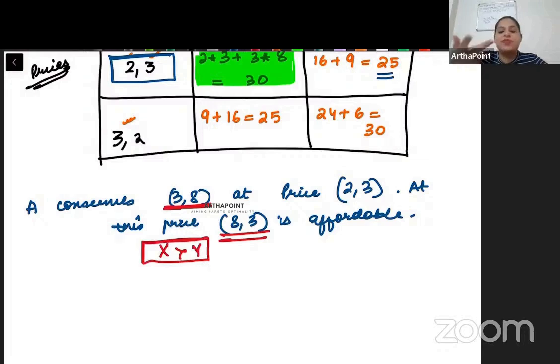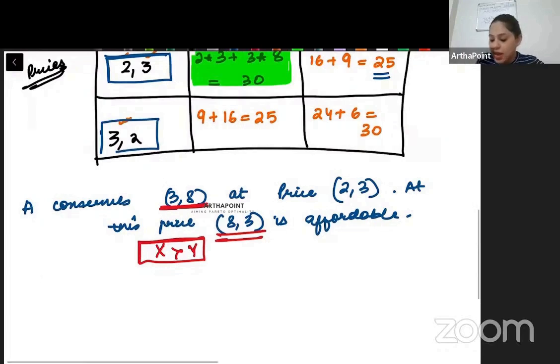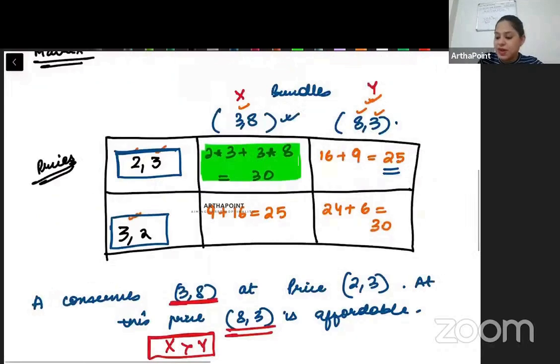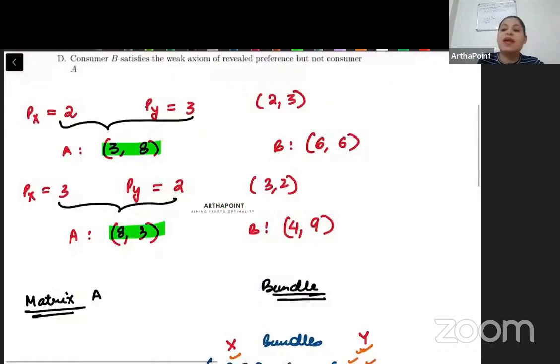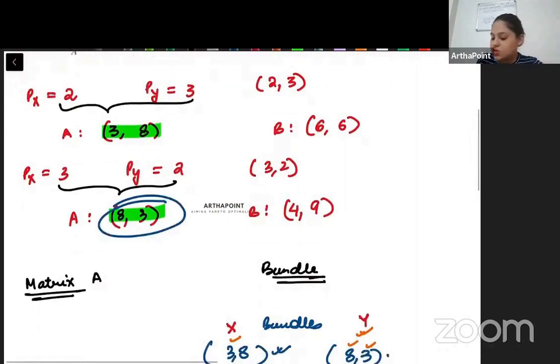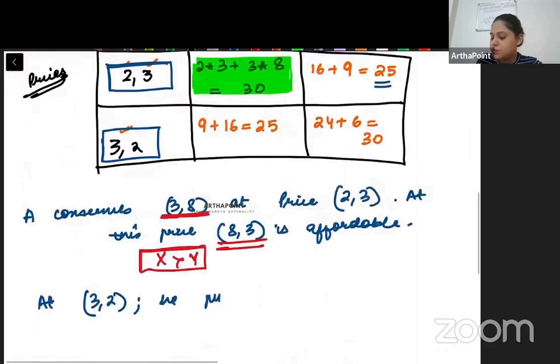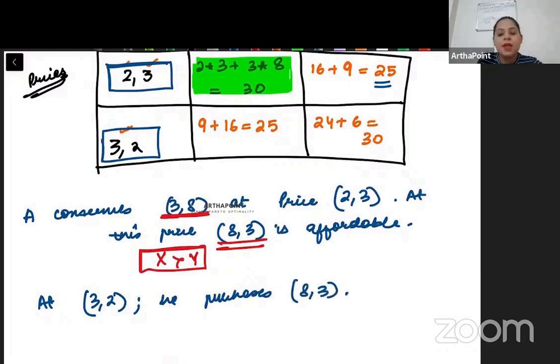Now let's flip this. Let's say that now when the prices are 3, 2, which bundle is he buying? At 3, 2, he's buying 8, 3. So he purchases the 8, 3 bundle. But is the other bundle affordable? It is, right? When he can spend 30 rupees, 25 is affordable.